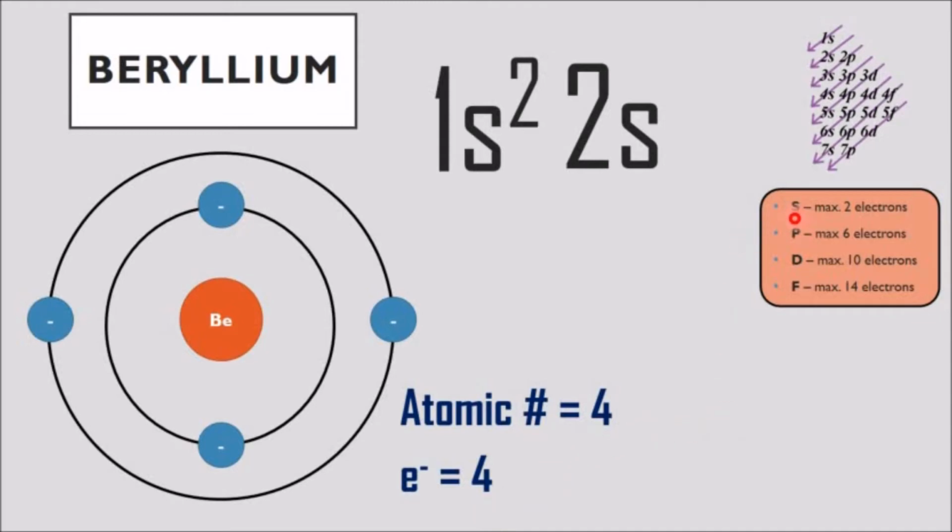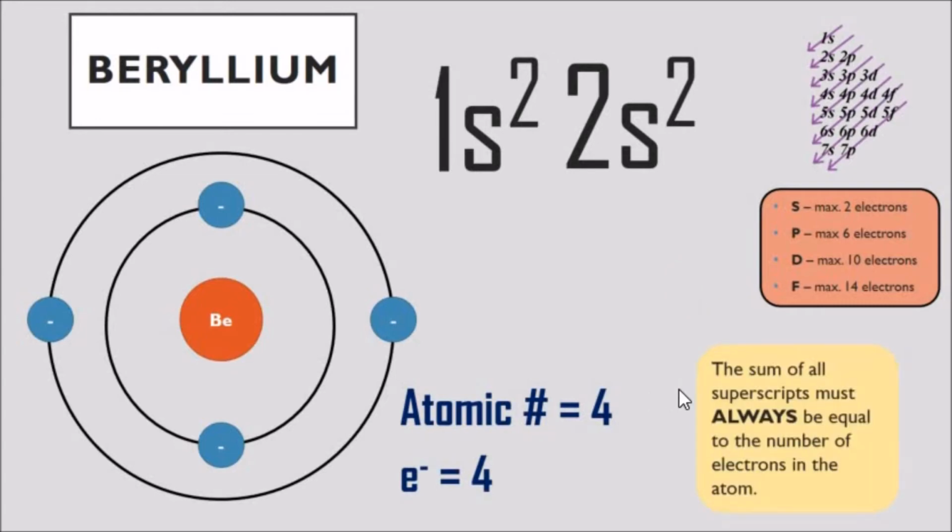And since the s orbital could only hold a maximum of 2 electrons, we're just going to put 2 here. Now, always remember that the sum of all superscripts must always be equal to the number of electrons in the atom. So when we add these 2 superscripts right here, 2 plus 2 will be equal to 4.